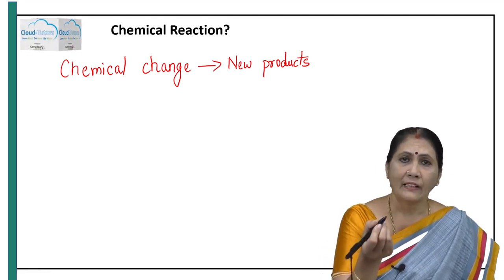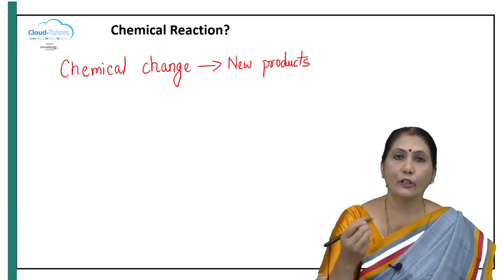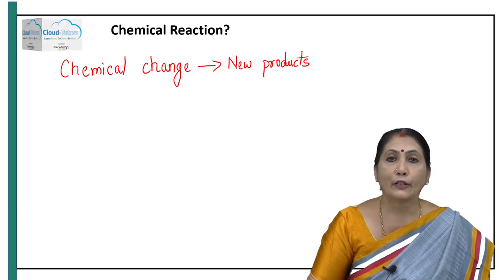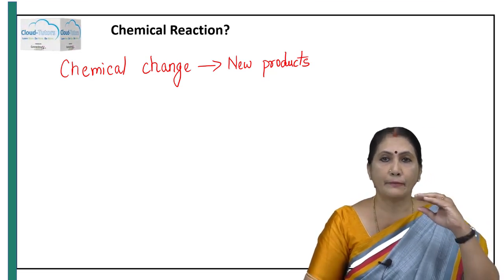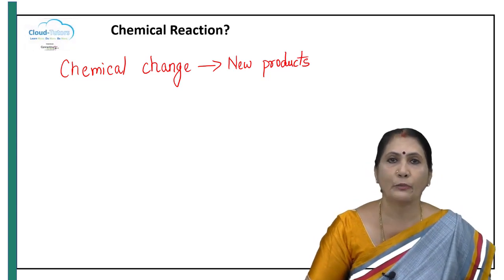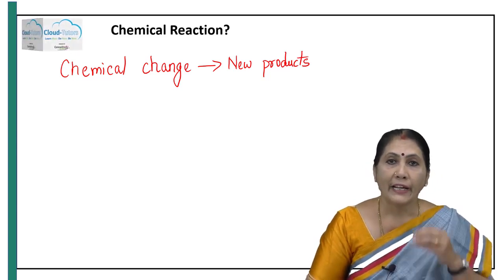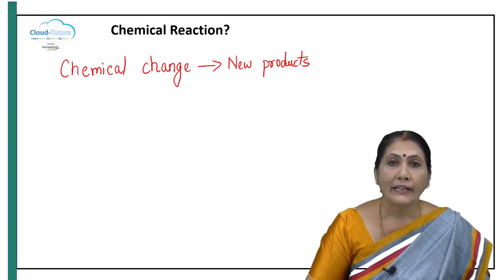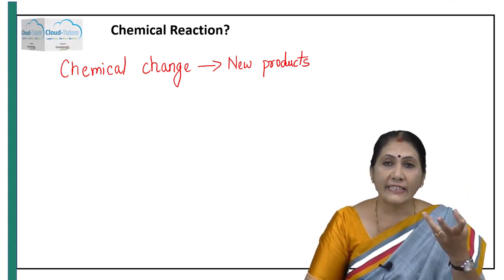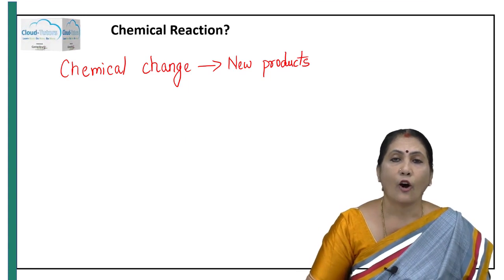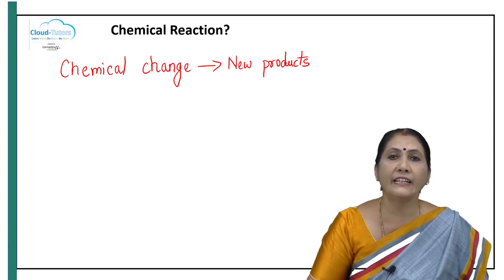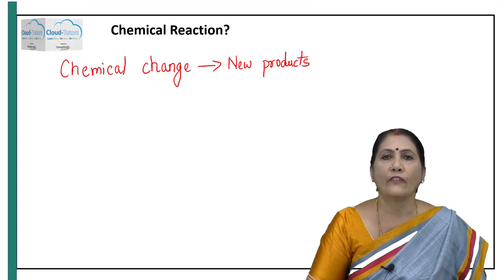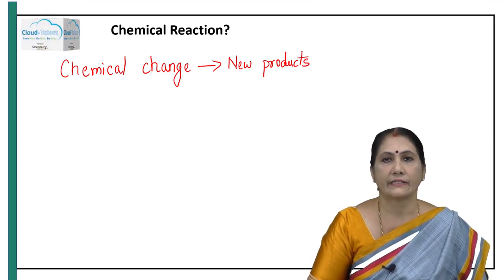It could be a change in the color of the solution. It could be the formation of a precipitate at the bottom of the test tube. It could be evolution of sound. It could be even evolution of heat energy. All these are different indications of a chemical change.